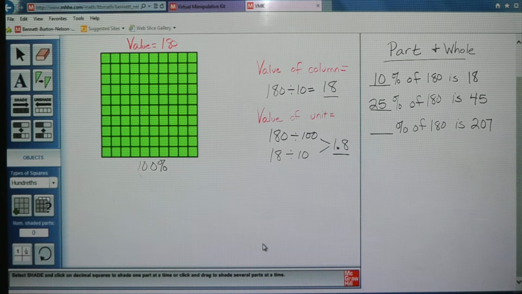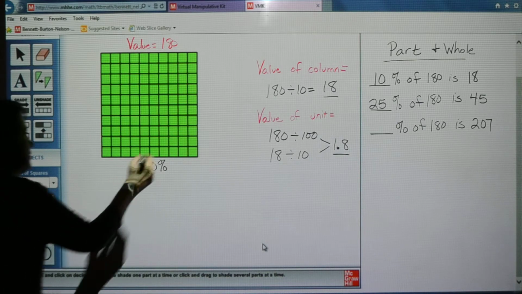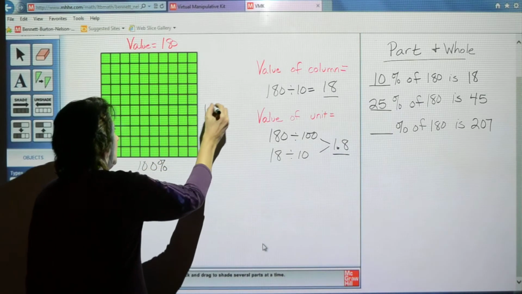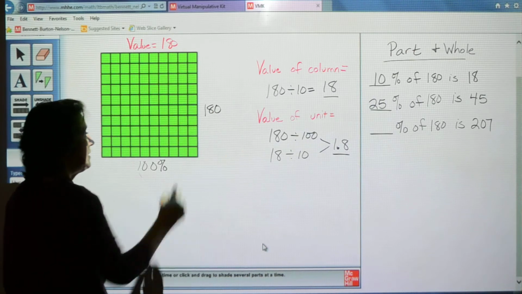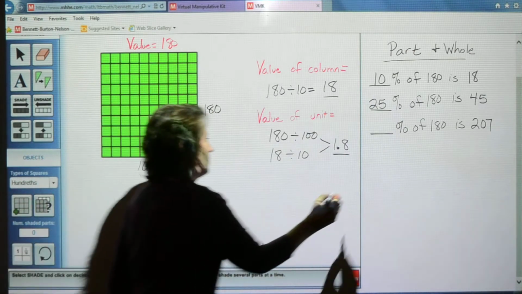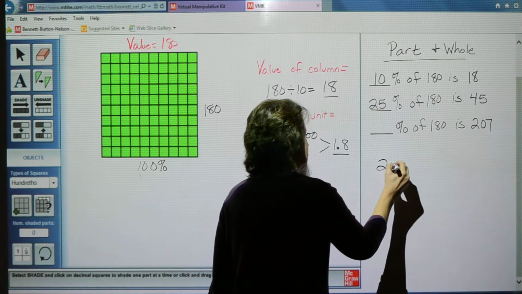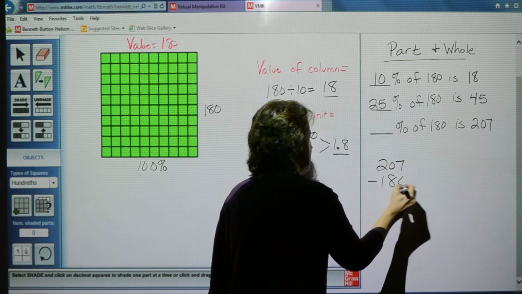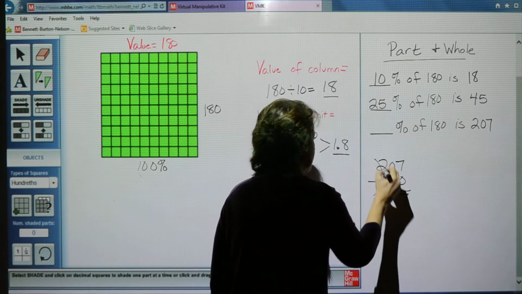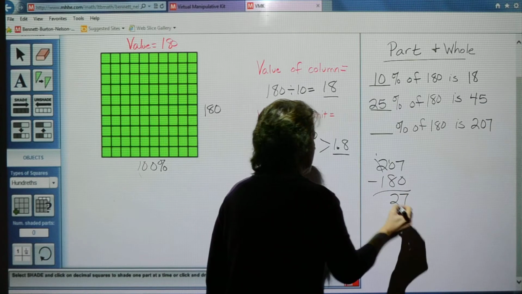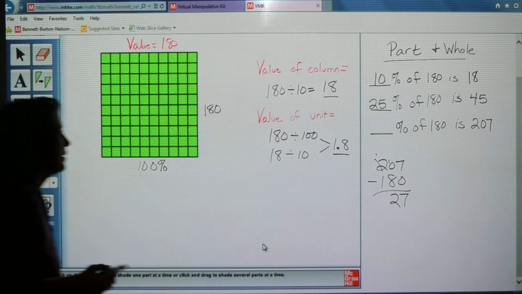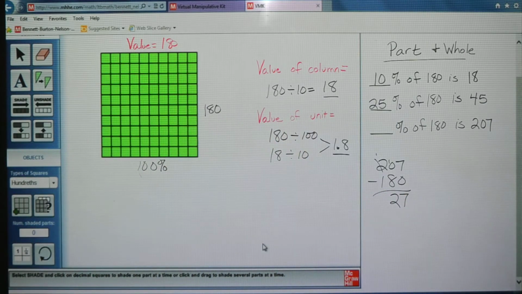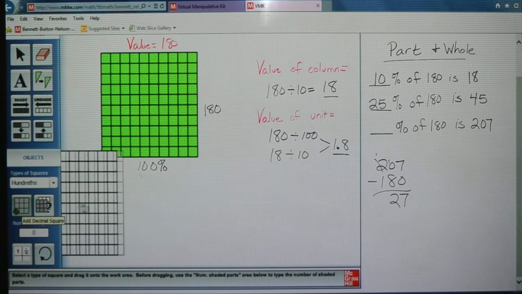So I'm going to color it, and I have now used up 180. I need 207, so let's do it. 207 minus 180. Okay. I need to get 27 more squares colored in, or the squares to equal the 27. So let's bring out another cube. We're going to need another one.